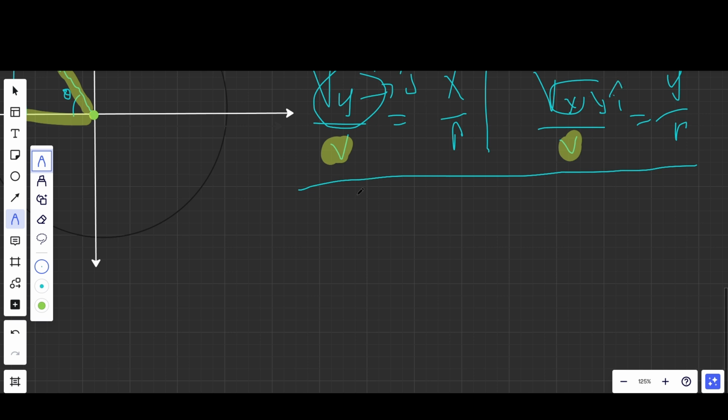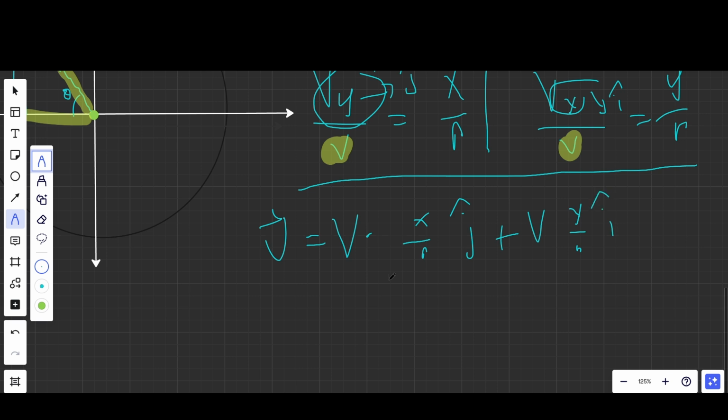So we can write the vector V is equal to V times X over R j hat plus V times Y over R i hat.